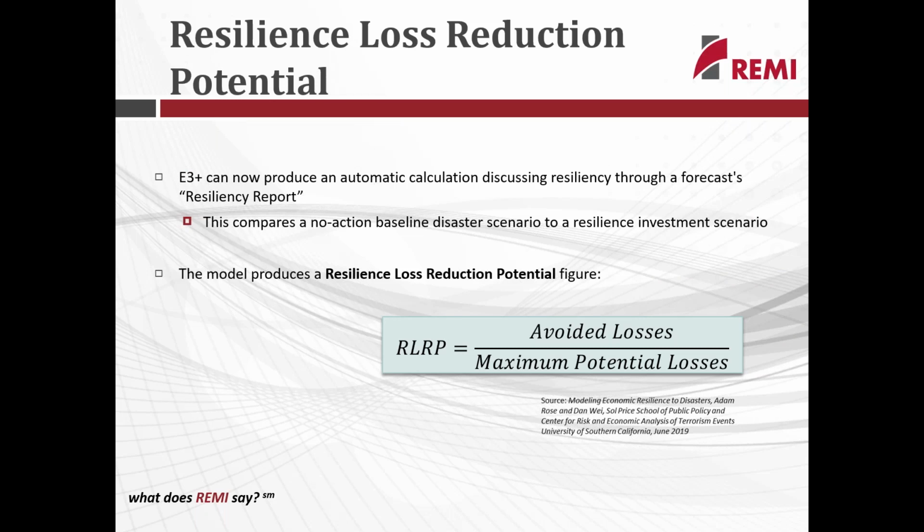Finally, we have a resilience loss reduction module. So this isn't anything super fancy. It'll just say, if your policy has a resilience or disaster type aspect to it, we can look at how much of the potential losses you can mitigate by some policy.